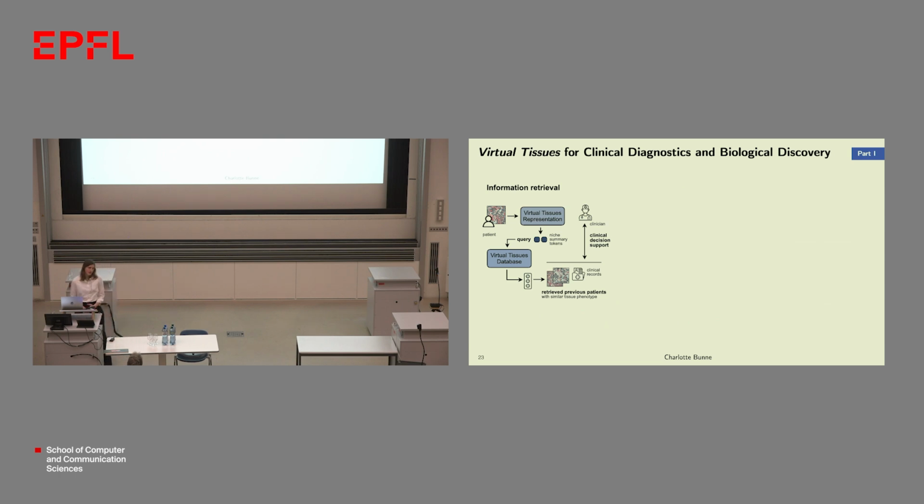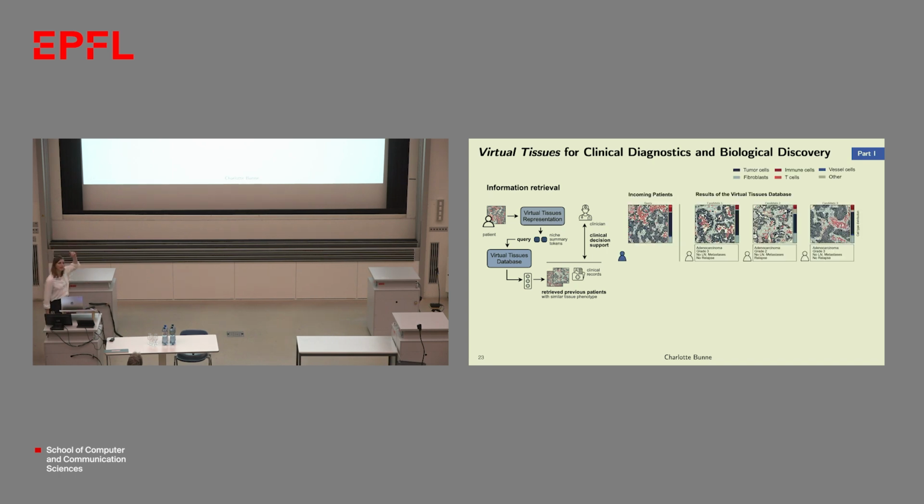What we're actually interested in is really looking at this from a clinical decision-making point of view. Can I now give a query tissue, for example, a tissue on the left, and find relevant cases in our database? And as you can see here, we get 3 times an adenocarcinoma, and of course the sample we had was also one. So you can see it matches very closely in the clinical labels.